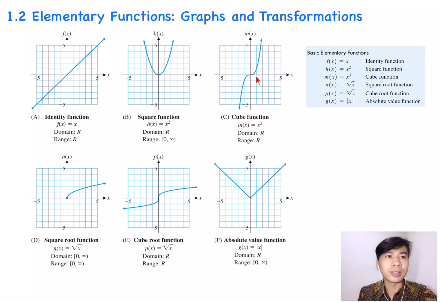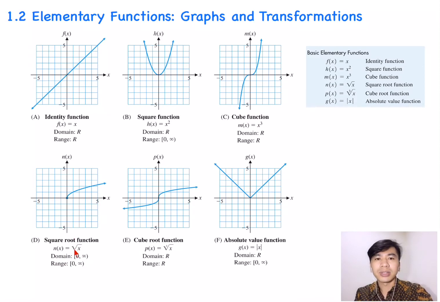The third one is x cubed. The domain is the real numbers, and the range is also real numbers. It goes from negative infinity to positive infinity. The fourth one, the square root function. To determine the domain, you also have to look at the range.